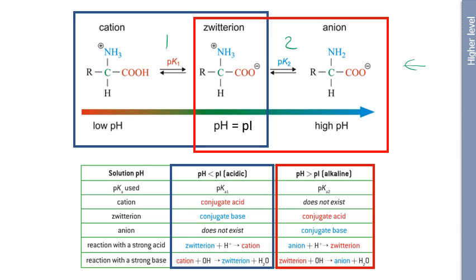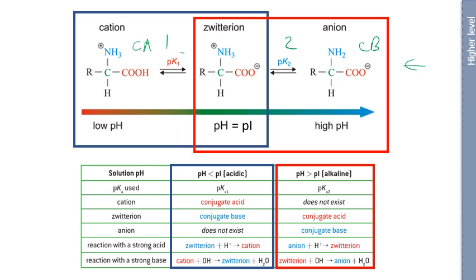Such pairs are of course known as conjugate acid-base pairs, which we've already looked at, where the more protonated species is the conjugate acid and the less protonated species is known as the conjugate base. So look at this, it'll be the conjugate acid here, and that'll be the conjugate base here. An equilibrium between the components of the conjugate acid-base pair is characterized by a dissociation constant.